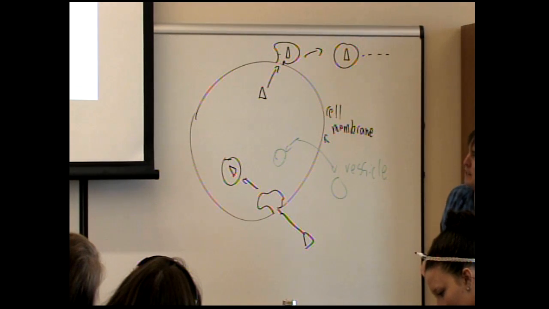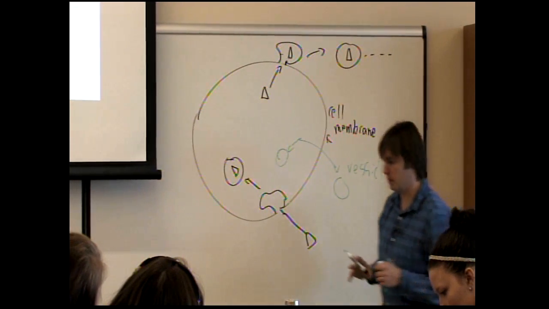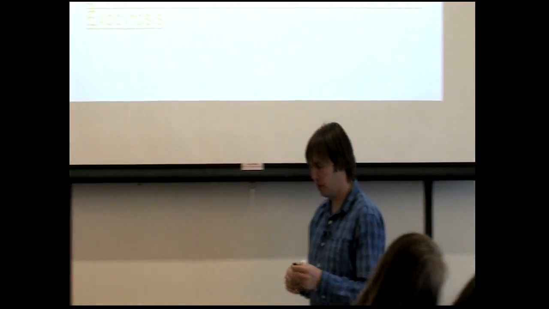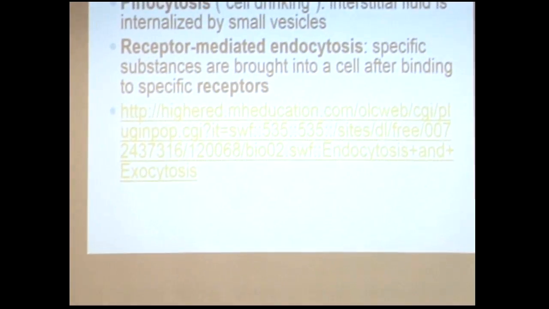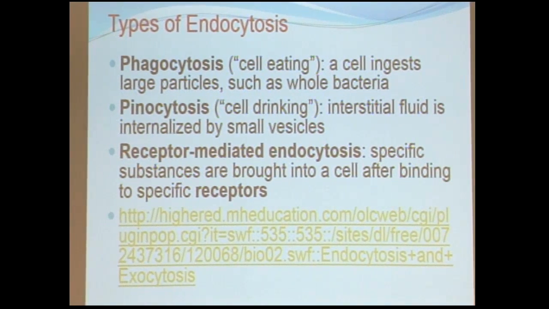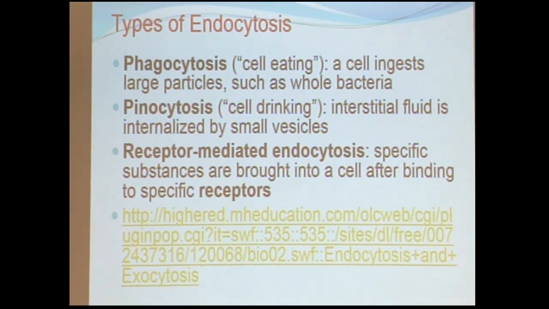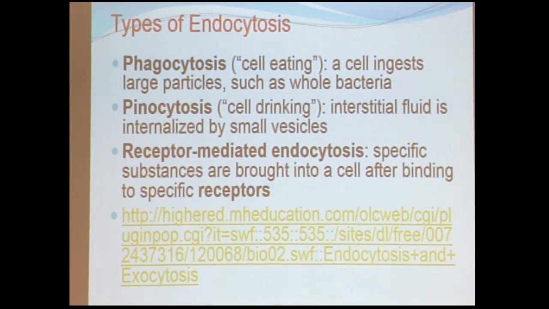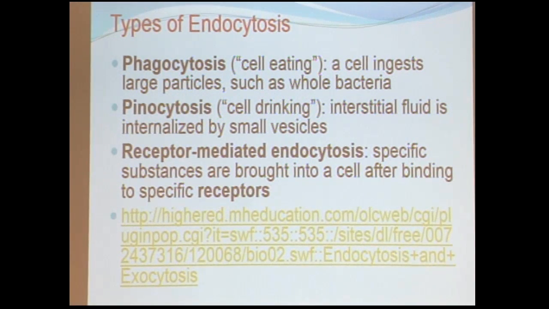And then there's 3 kinds of endocytosis. They all involve a vesicle coming in, but the main difference is this. Phagocytosis is if you're eating a whole bacteria or a virus.